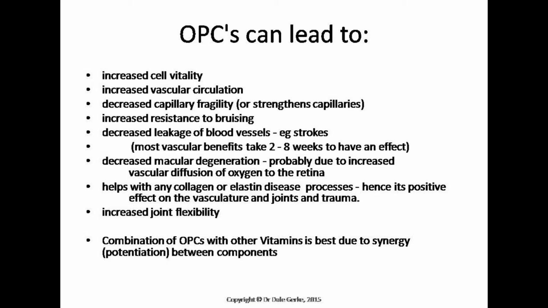They can decrease macular degeneration, probably due to the increased vascular diffusion of oxygen in the retina. They can help with collagen or elastin disease processes, hence their effect on the vascular system, joints and trauma. They increase joint flexibility. So a combination of OPCs with other vitamins is the best due to the synergistic or potentiation effect between the components.